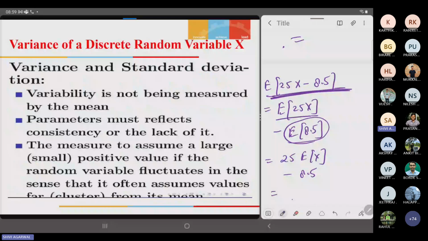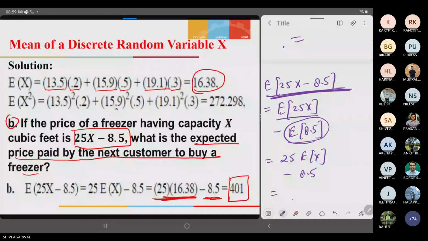Clear? Expected value of x. Yes, this is the mean value. The mean of the customer will pay is 401. Correct. This is the constant value, and the mean of a constant value is the same.